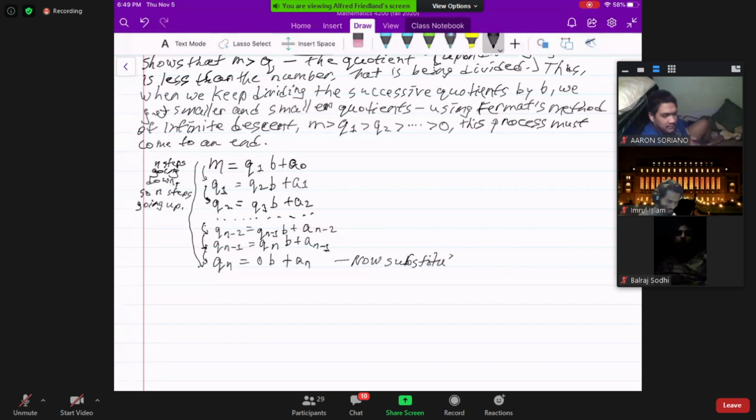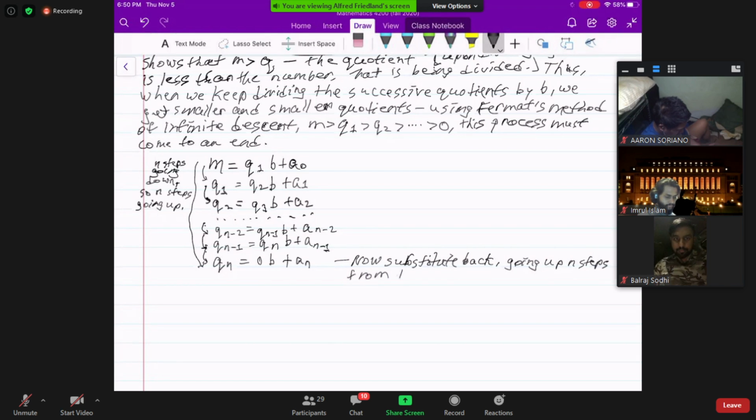And so now what we're going to do is substitute back, going up n steps from the bottom, which says that q sub n equals a sub n.